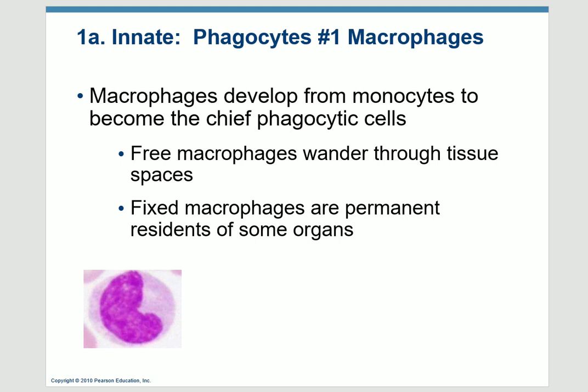And now, whatever bothered you is gone. It's been eaten by the phagocytes. There are two kinds of macrophages. There are free macrophages that wander through the tissue looking for something that doesn't belong there. And then there are fixed macrophages that stay in one place. They are permanent residents in some organs, if you will.